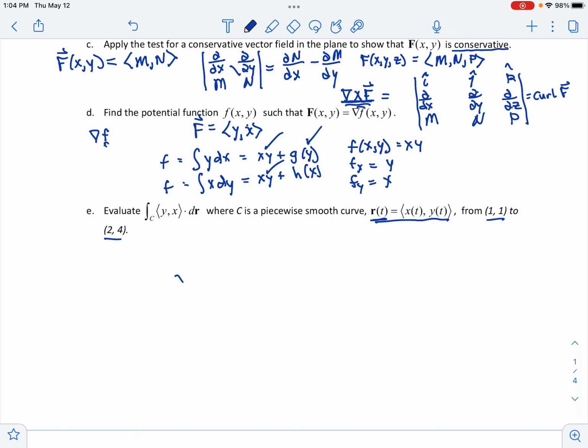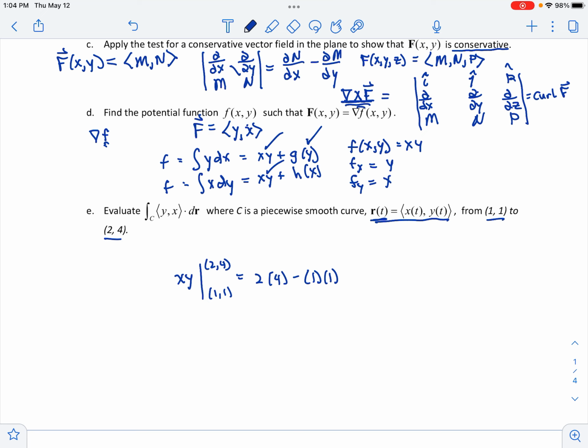So here's what we've got. We've got xy, and we're going from 1, 1 to 2, 4. So I just plug this in, 2 times 4 minus 1 times 1. And that's all there is to it.